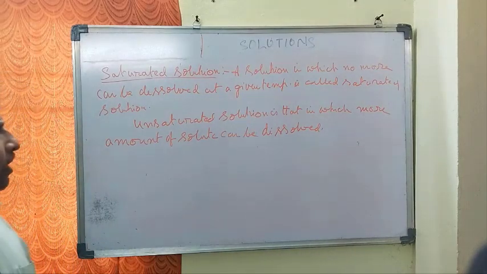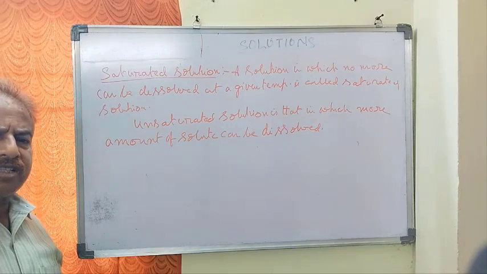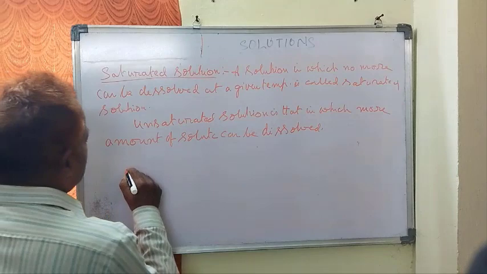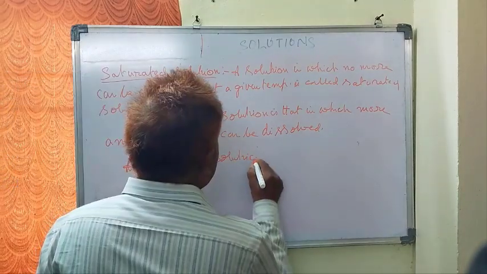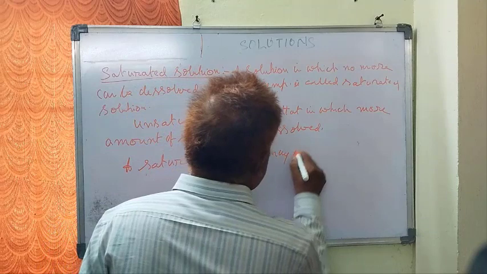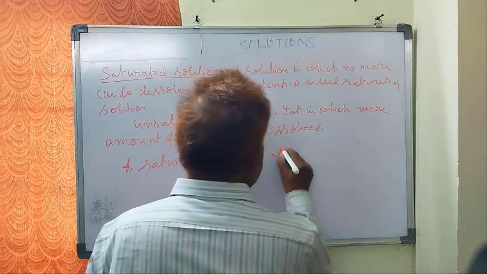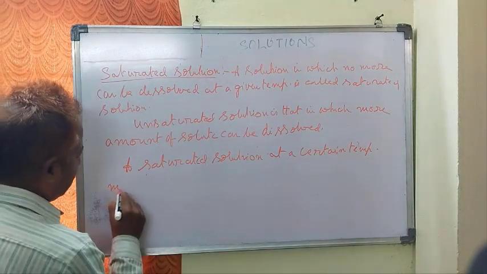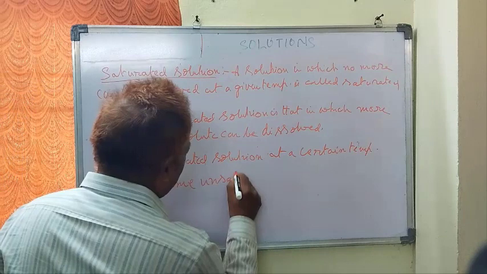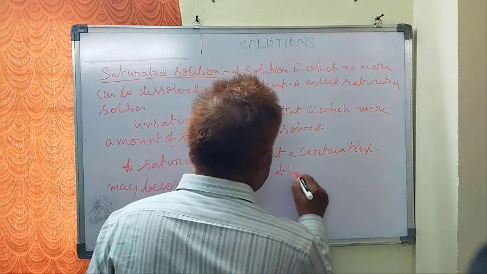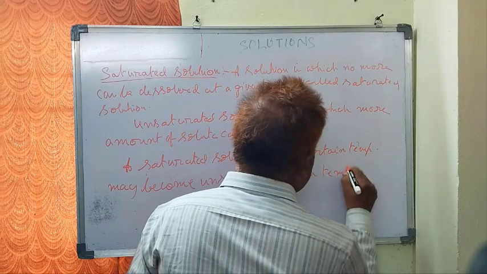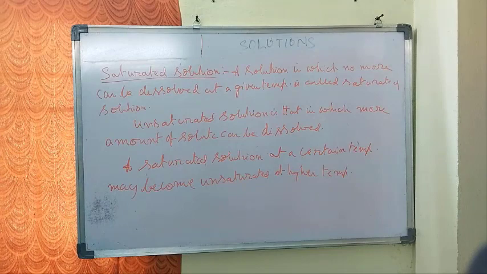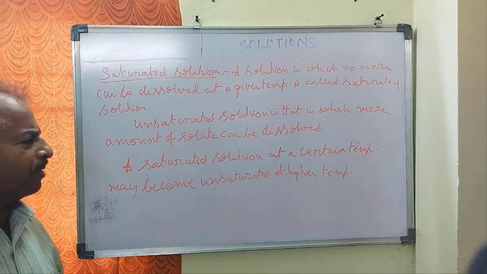That means, if a solution is saturated at a certain temperature, then it becomes unsaturated at a higher temperature. So a saturated solution at a certain temperature may become unsaturated at higher temperatures.